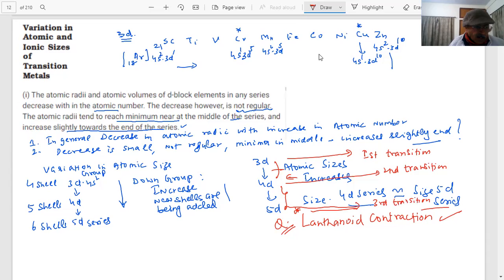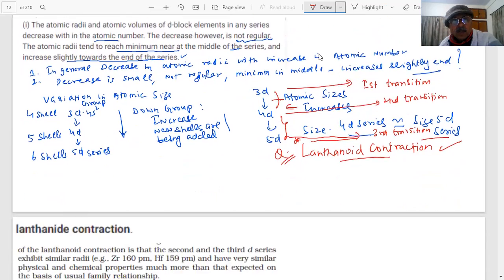The size of the third transition series, or 5D series, is almost virtually the same as that of the 4D series. What is the reason for this, students? This is an important question for the paper. You have noted this down? Okay, students.